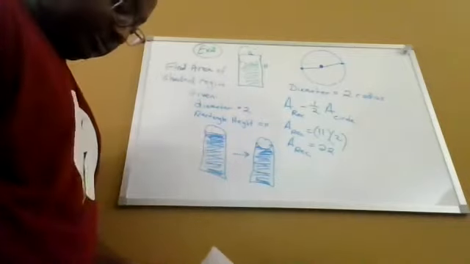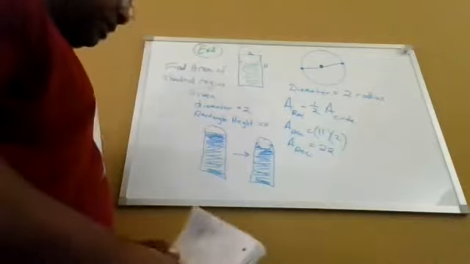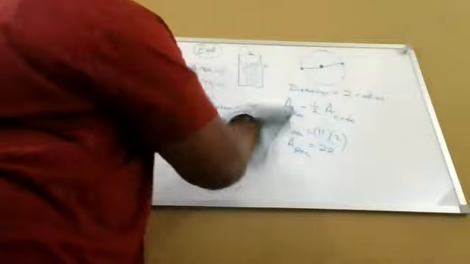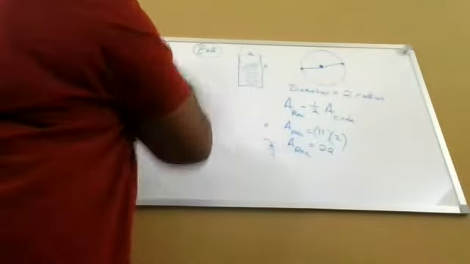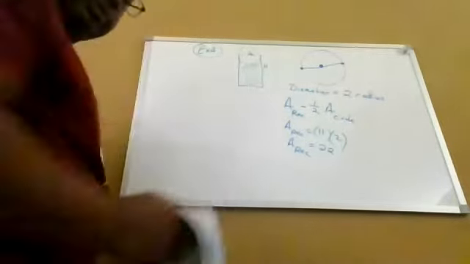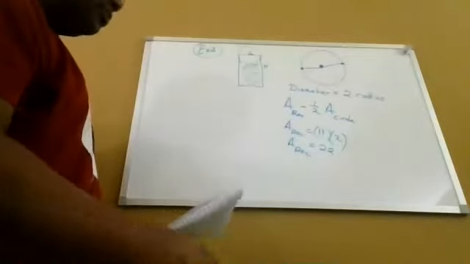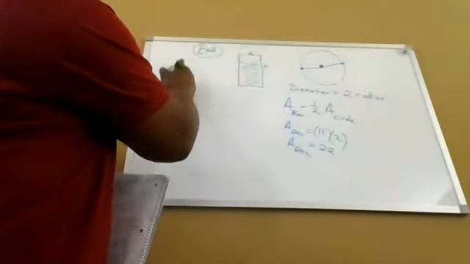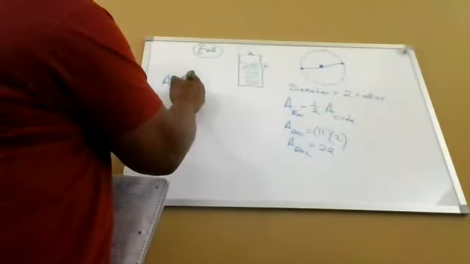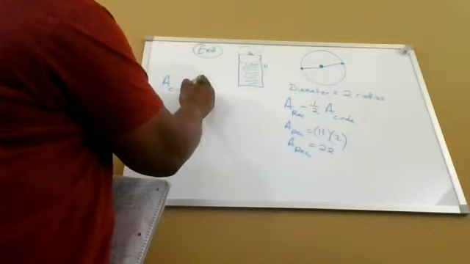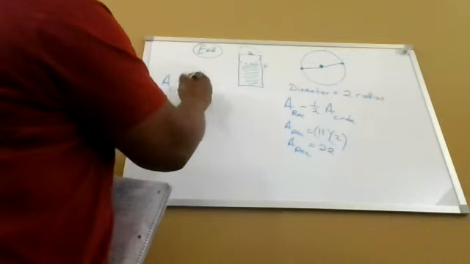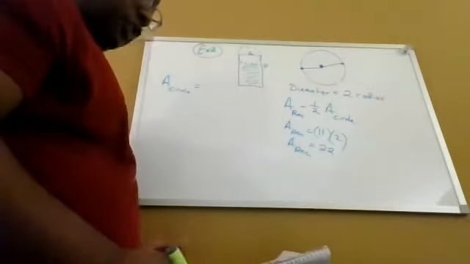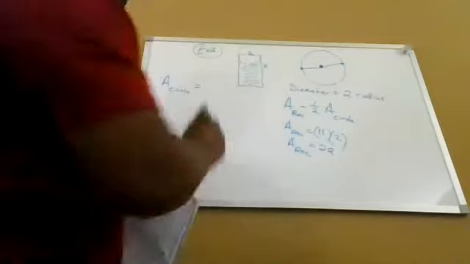Let me erase something before we move to calculating the area of the circle. Well, the area of the circle formula is pi r squared.